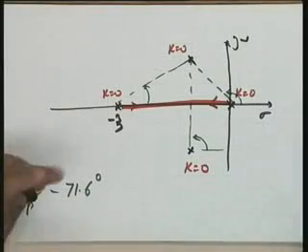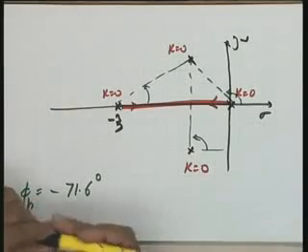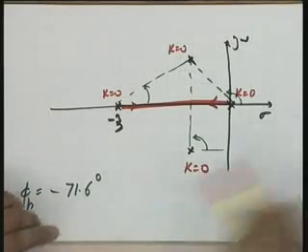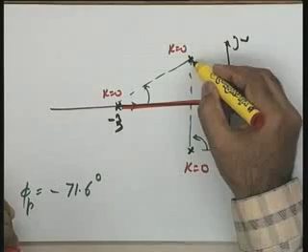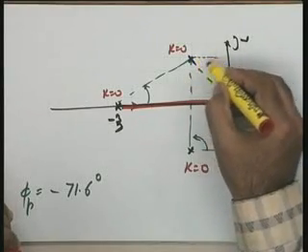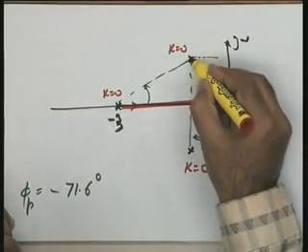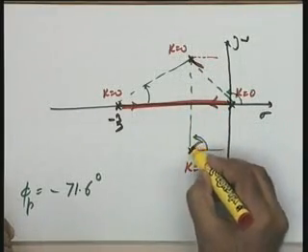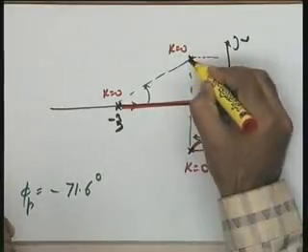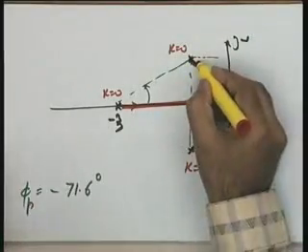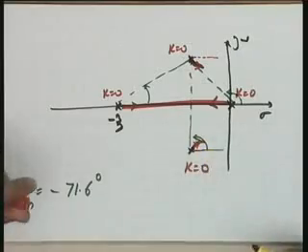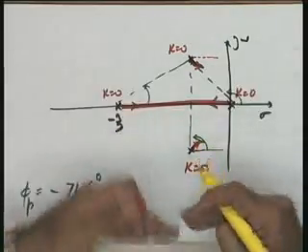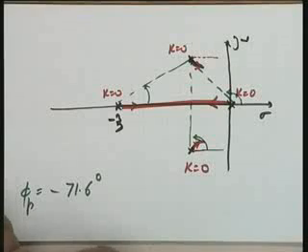Applying the formula I have given you, phi p comes out this way, and therefore, roughly this branch goes this way, and by the symmetry rule this branch goes this way. At least the angle at which they depart becomes known to me. It is minus 71.6, and by symmetry I am taking the other angle. Do raise a question to me directly if there is any doubt.